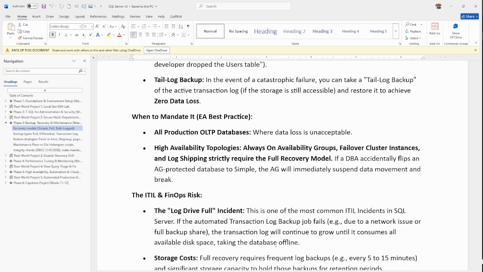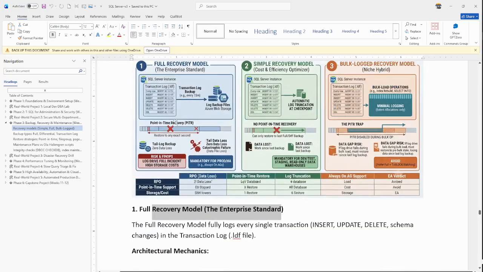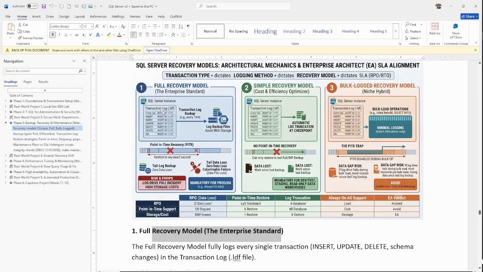So you want all pictures? Yes, I want pictures, this graphical picture on the screen. You have all pictures right here. So I don't need anything, this picture is enough. I did understand the full, simple and bulk recovery.